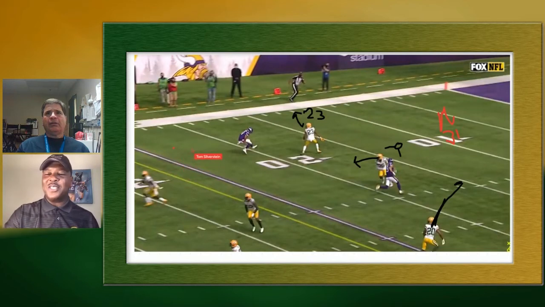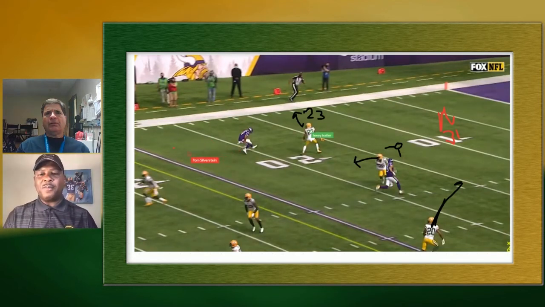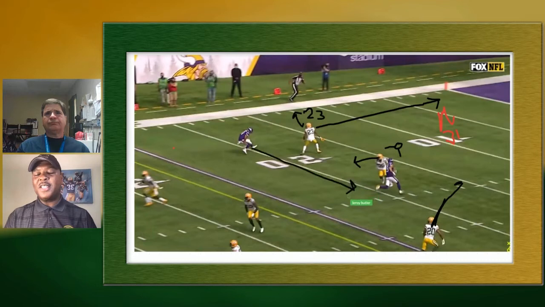No, because he wants to stay inside for the post. The post corner, the way I look at it, maybe I'm wrong, but I think I'm right, this play should be covered by Jaire Alexander. Right. And if the guy does run a dig route here, then Savage can defend that.